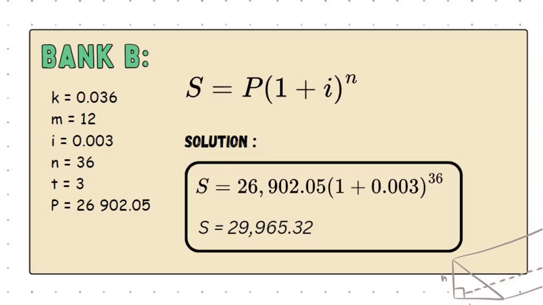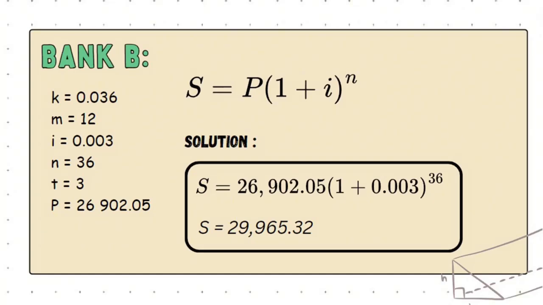For bank B, we will use the same method as bank A. K equals 0.036, M equals 12, and for I, we include the K and M together, so it will be 0.003. For N, it will be 36, T is 3, and P will be taken from question 1B, which is 26,902.05. It will be the same method as bank A. We put all the individual amounts in the formula.